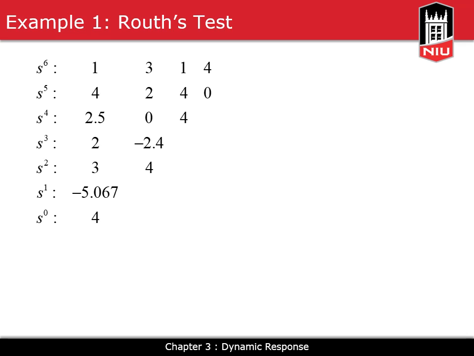As you can see, for example, in this row right here, we only find the first two elements. We don't find the third element. The reason is if I want to find the element here, when I write the formula for that, I have negative of the determinant, first column in the two rows above, that's here, 4 and 2.5.